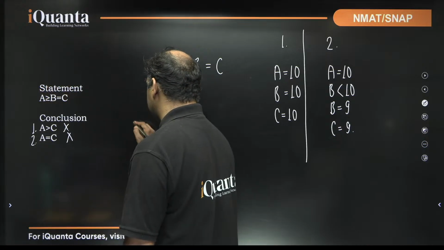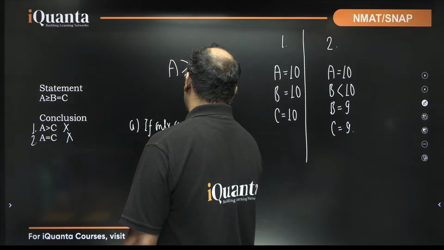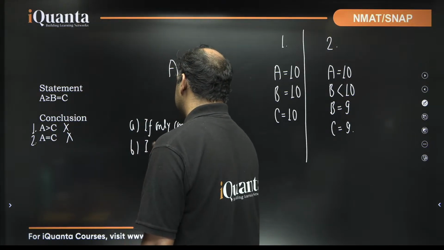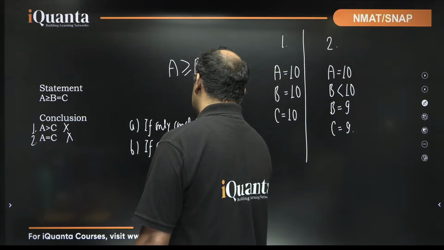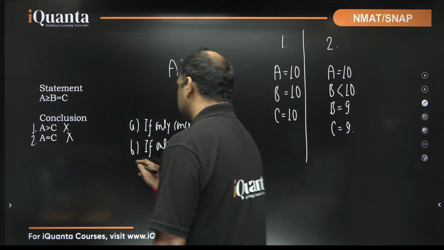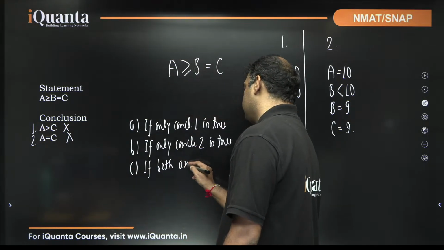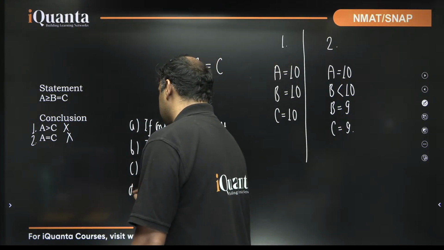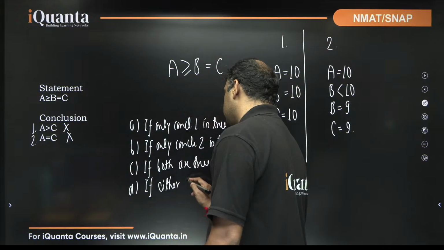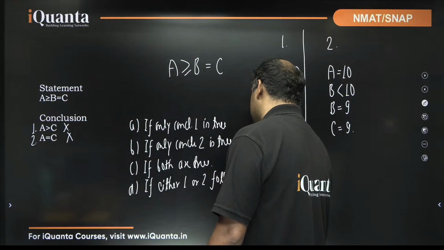So options will be: if only conclusion 1 is true, then if only conclusion 2 is true, then if both conclusions are true, and one option will be that if either 1 or 2 is true, if either 1 or 2 follows the statement.